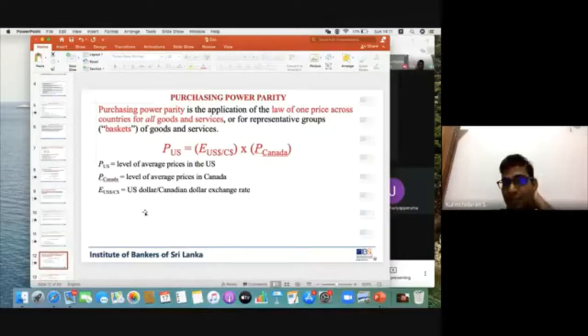Now, think of a price for a good. As we discussed, that's a pizza. But now, somebody asked you, what are the price movements in Sri Lanka?